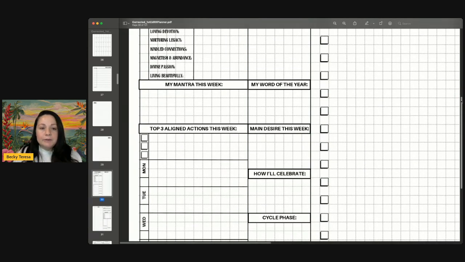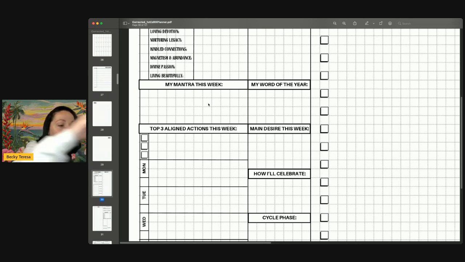So my mantra this week. For every week, I want you to pull one of, I know that this is not going to show very well, but we wrote our mantras for every single one of the life categories for our chambers.